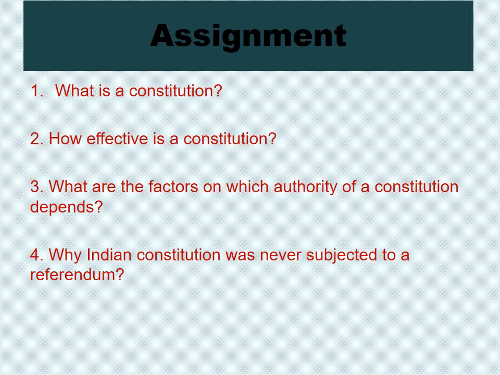So with this, let us recapitulate what we have discussed in today's class. We have discussed the authority of a constitution, under which we dealt with the mode of promulgation, through which we came to know how a constitution comes into being.